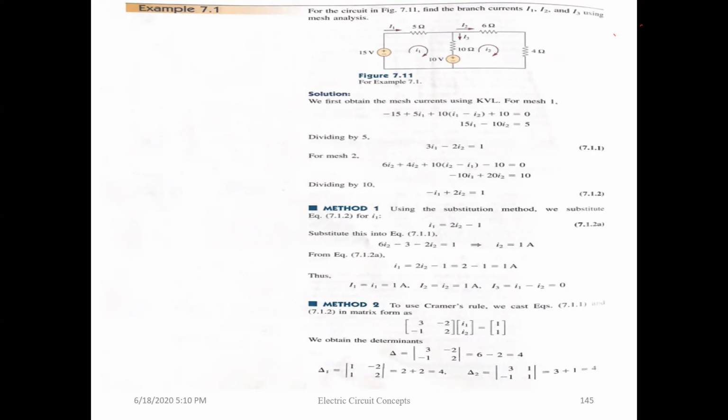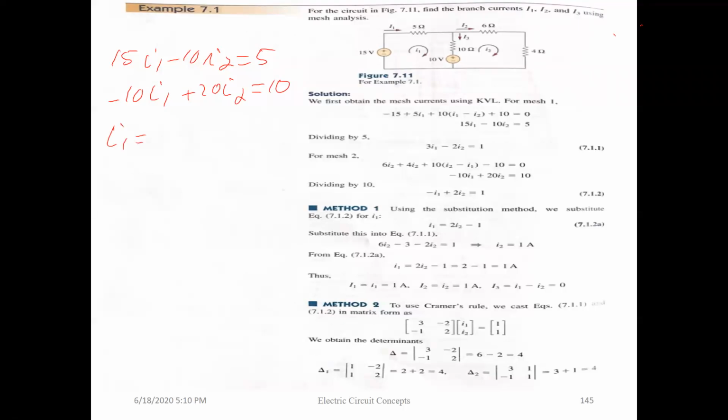So the two equations: we have 15I1 minus 10I2 equal to 5. You could divide by 5 both sides. And equation number 2 would be minus 10I1 plus 20I2 is equal to 10. So let's take equation number 1 and find I1.